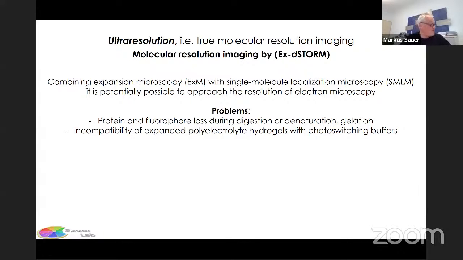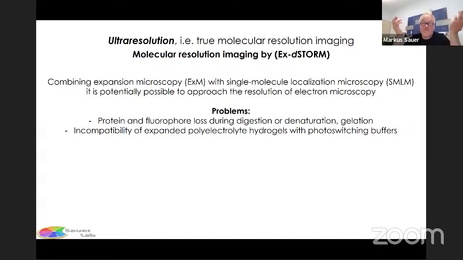The problem is, if you try to combine this with localization microscopy, that photoswitching requires buffers. And these gels are ionic hydrogels, these polymers. So if you add an ionic buffer, a salt-containing buffer, these gels will shrink. In the worst case scenario, they will shrink down to 1/4 of the original size again.